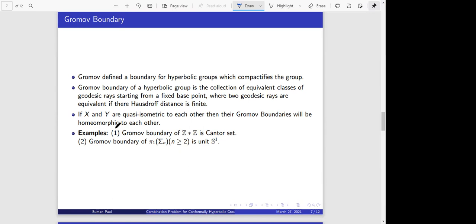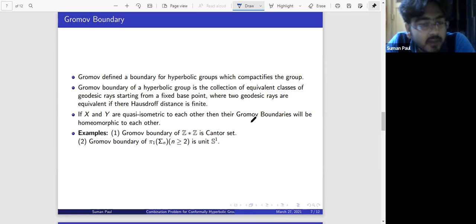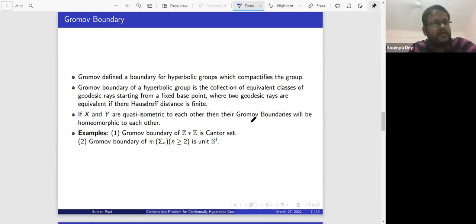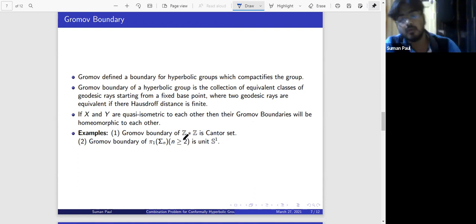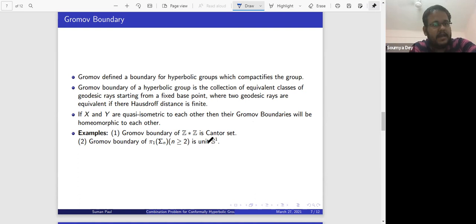Yeah, but if the Gromov boundaries are homeomorphic, that does not imply that X and Y are quasi-isometric, right? And also, Gromov boundaries are not defined for non-hyperbolic groups. Okay. What about pi1 of sigma n for different n's? Okay, they are isomorphic, you say.